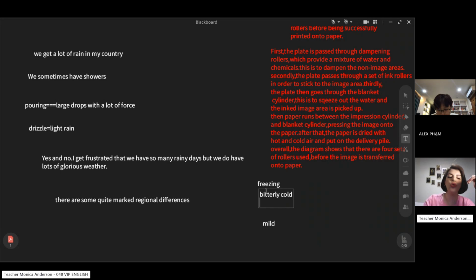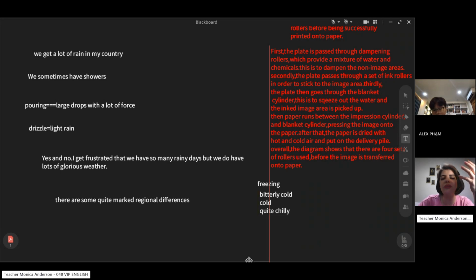After that is cold. Then we have quite chilly. And of course you have cool weather. It's not really cold, but it's cool. Mild means not hot nor cold. It's a good one.